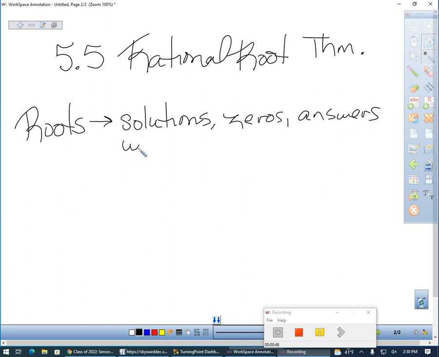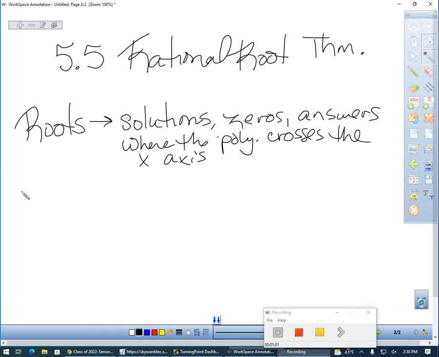They are where the polynomial crosses the x-axis. Right? Those are your roots. That's what makes up your polynomial, right?